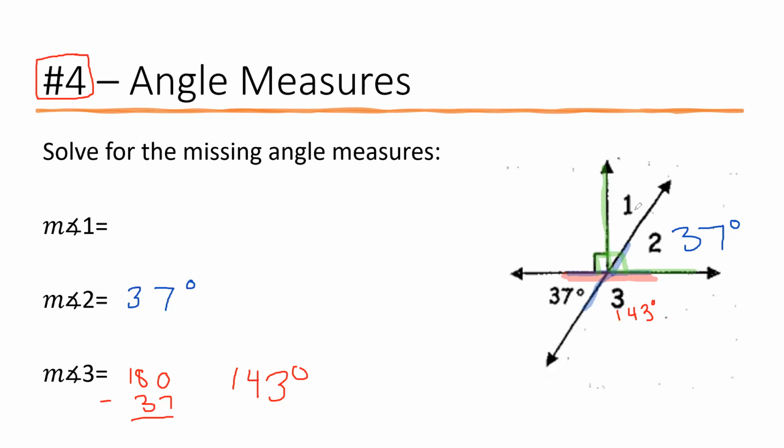So 2 and 1 together add up to equal 90 degrees. Just like with the supplementary angles, we know that together they equal 90. So let's take away what we know, which is 37 degrees, and find that missing piece. So 90 minus 37 gives us 53 degrees.